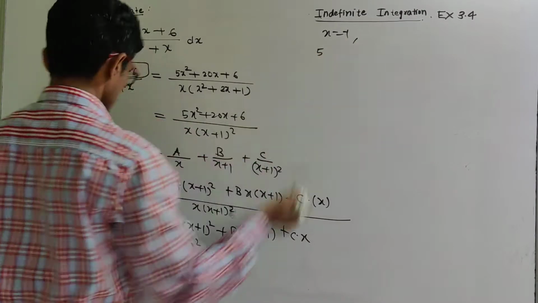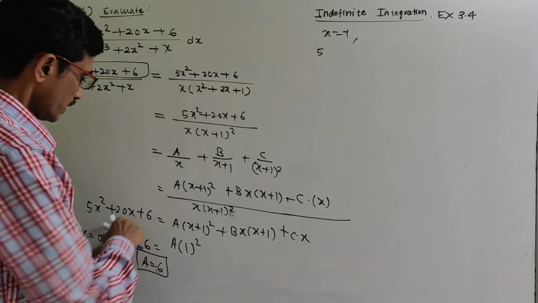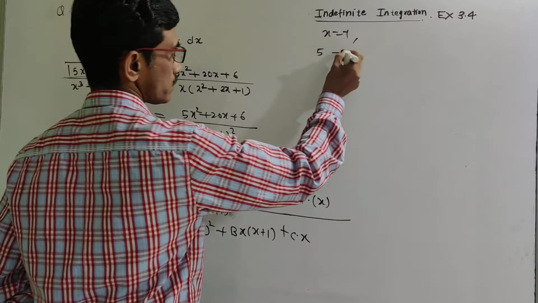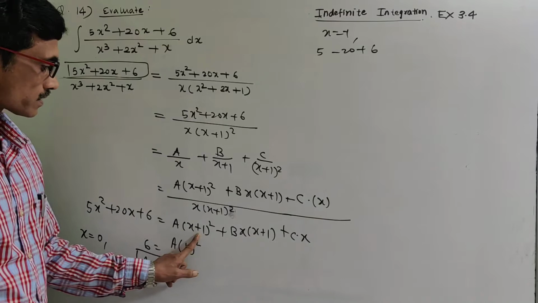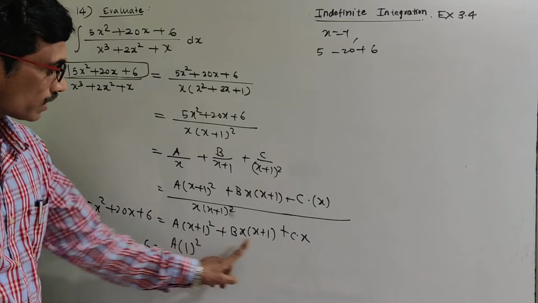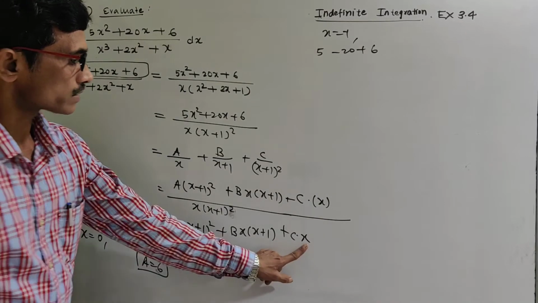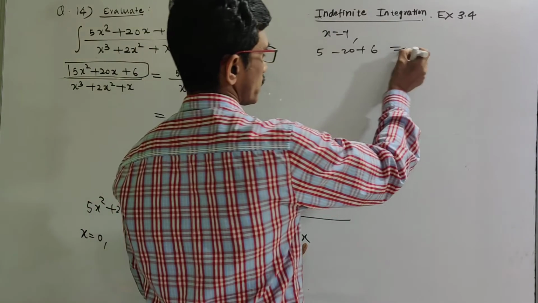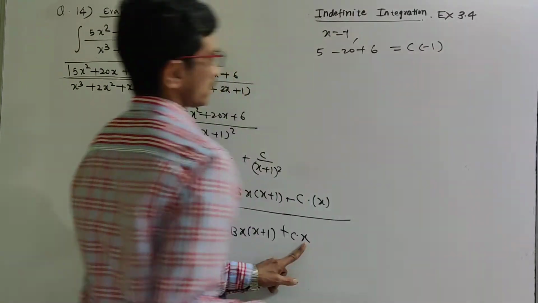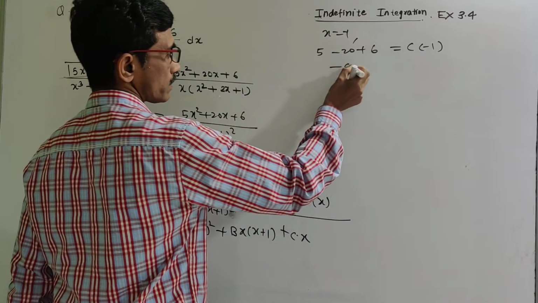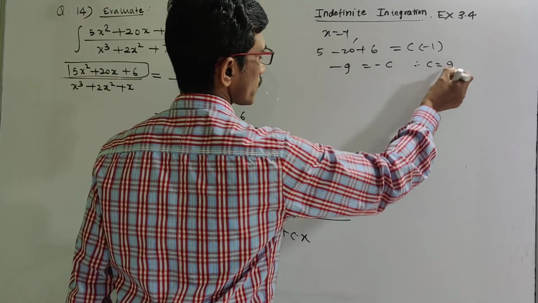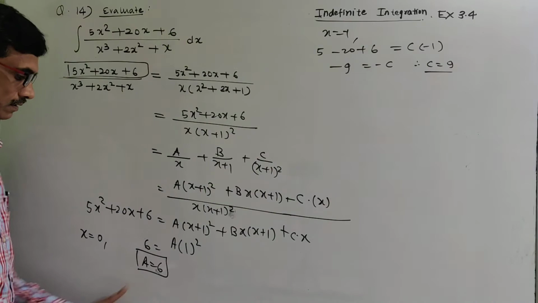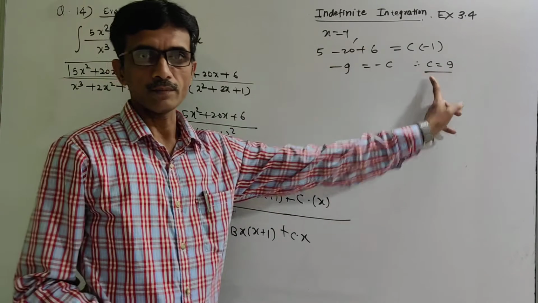Here we will get 5 + 20 into minus 1, minus 20 + 6. Right hand side, x is equal to minus 1, इसमें 0 होगा, ये 0 होगा, and C into minus 1. This is minus 9, it is equal to minus C, therefore C is equal to 9. A मिला है, C मिला है, we will find B.